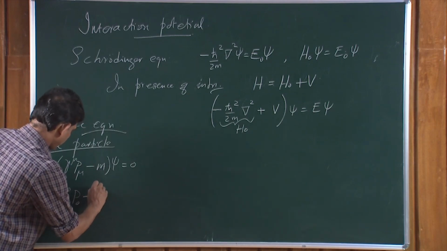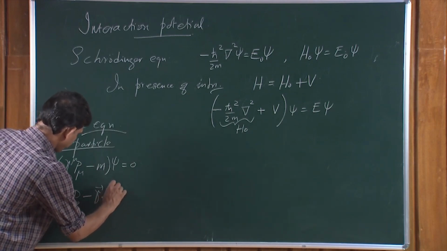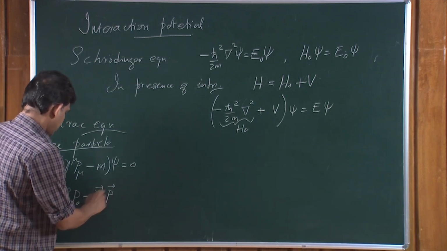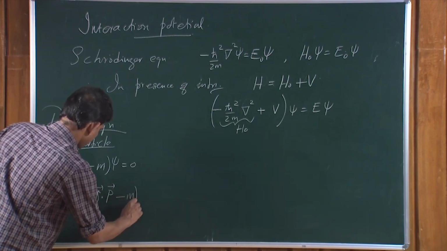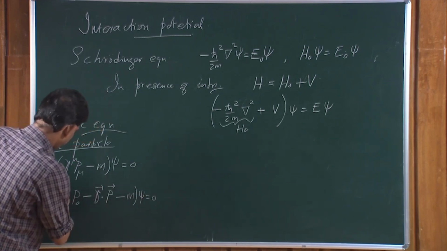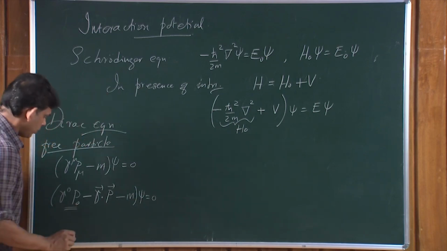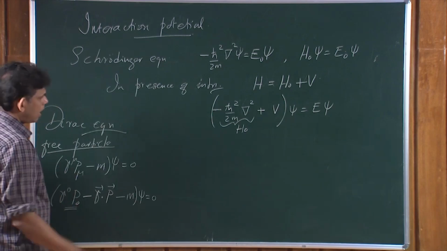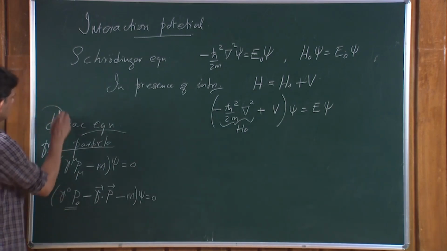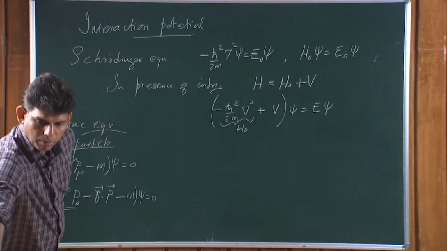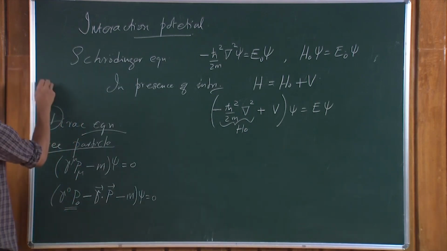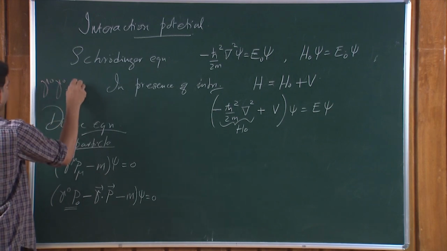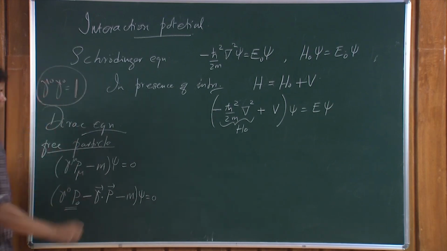Then you have the dot product of the 3-vector gamma and P, minus m psi equal to 0. I have the property of the gamma matrix that gamma square is equal to 1.